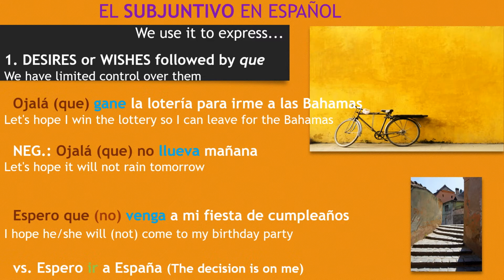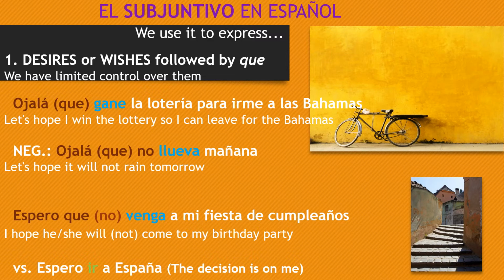We can also use it negatively. The next sentence, ojalá que no llueva mañana. Let's hope it will not rain tomorrow. That que I put in parentheses because you can use it or not. But if it helps you, do use it, because like I said, subjunctive is almost always preceded by that que. So you will remember that you need the subjunctive.